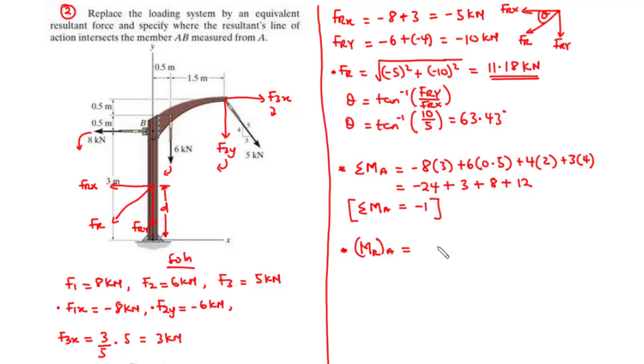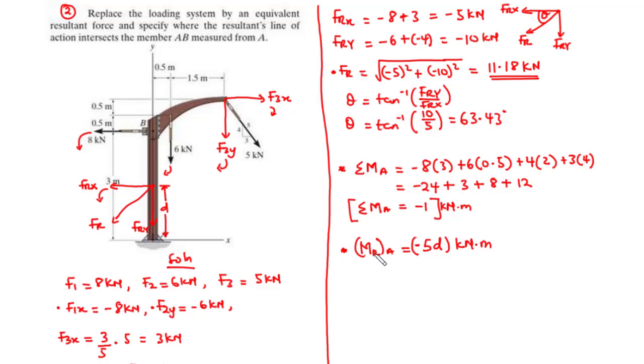So we are going to use the positive value, which is 5, and then we are going to take the anticlockwise direction. So that's going to be negative. So negative 5 times perpendicular distance D. Notice that this is in kilonewton meter, and this is also in kilonewton meter.